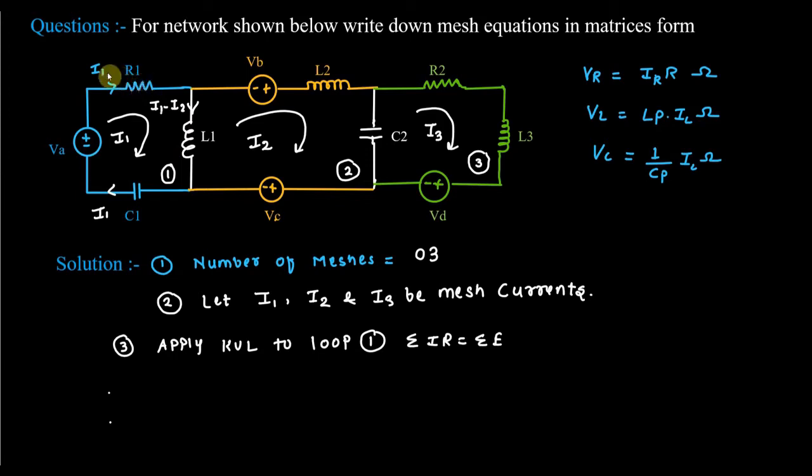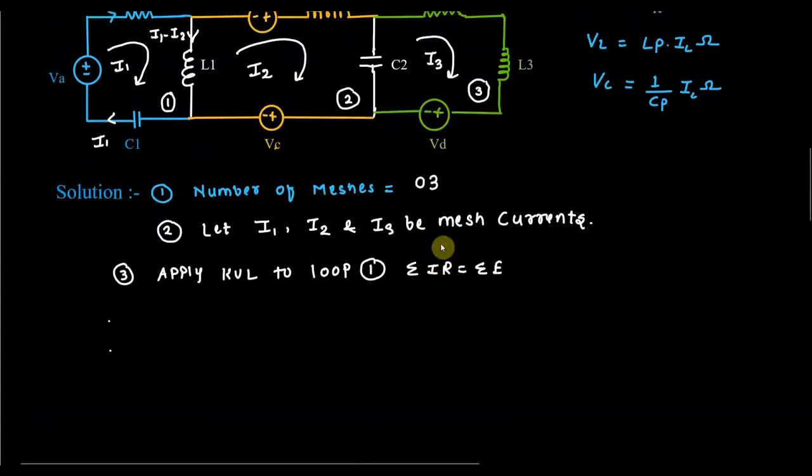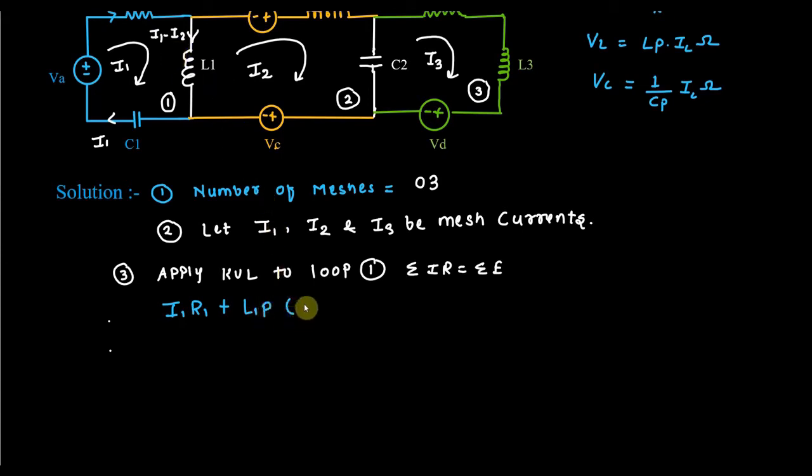So I will write the first: the voltage across resistance is I into R, so it is simply I1 into R1. Plus, second is the inductor. How do we write the voltage across the inductor? LP into the current through that inductor IL. So it will be L1 P, where P is the operator, and the value of current here is I1 minus I2.